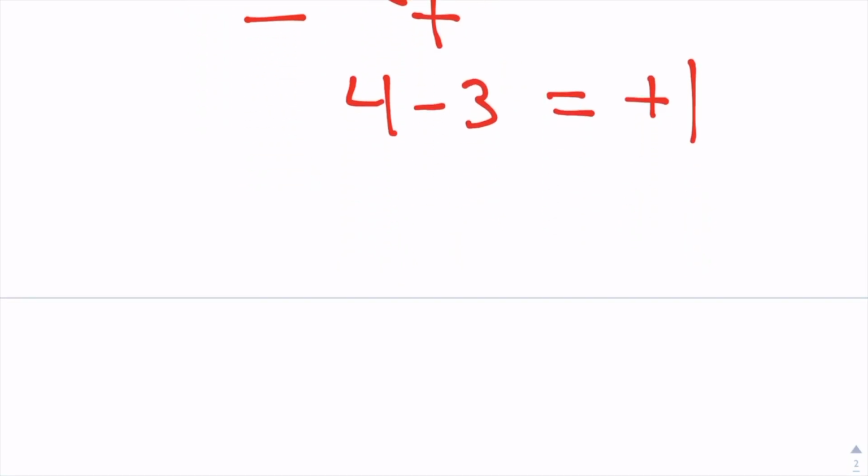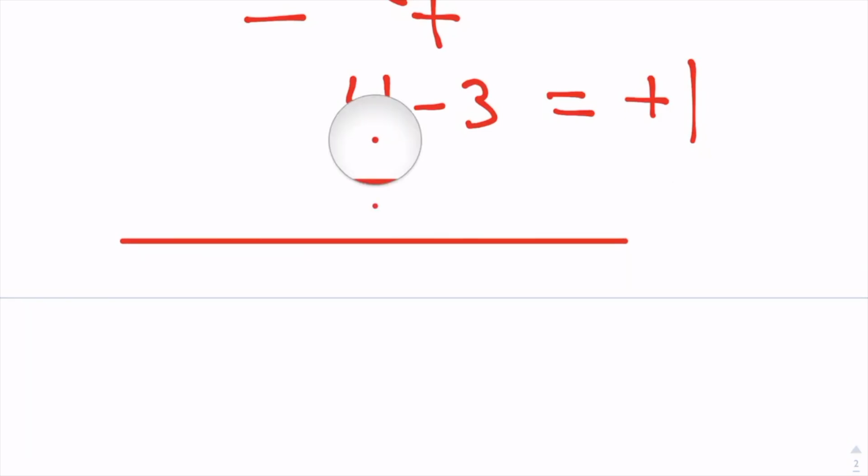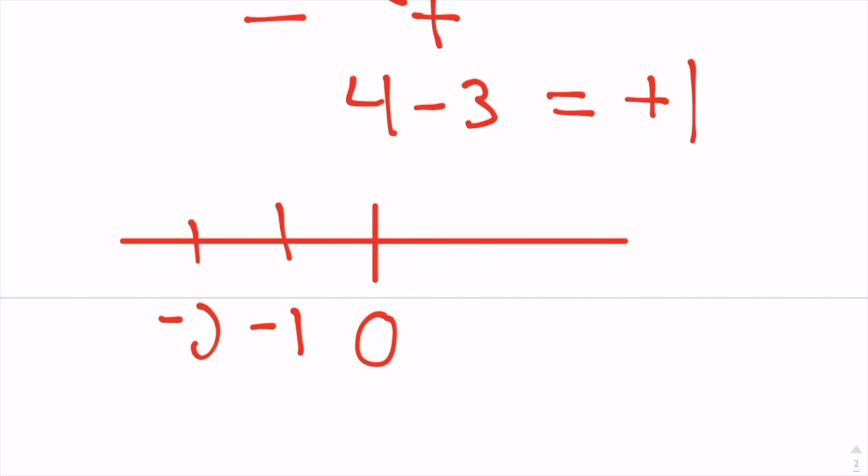Okay, let's take a look at it as a number line. It's not a good way to write a 0. So negative 1, negative 2, negative 3. We'll put some over this way.